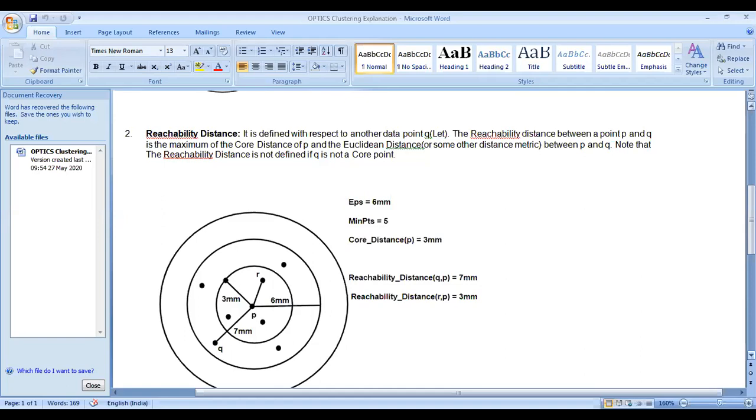So reachability distance between point R and P is equal to 3 millimeter. So this is called the reachability distance. Reachability distance is basically the maximum between the distance between the two points and the core distance. I'm taking you to the previous slide.